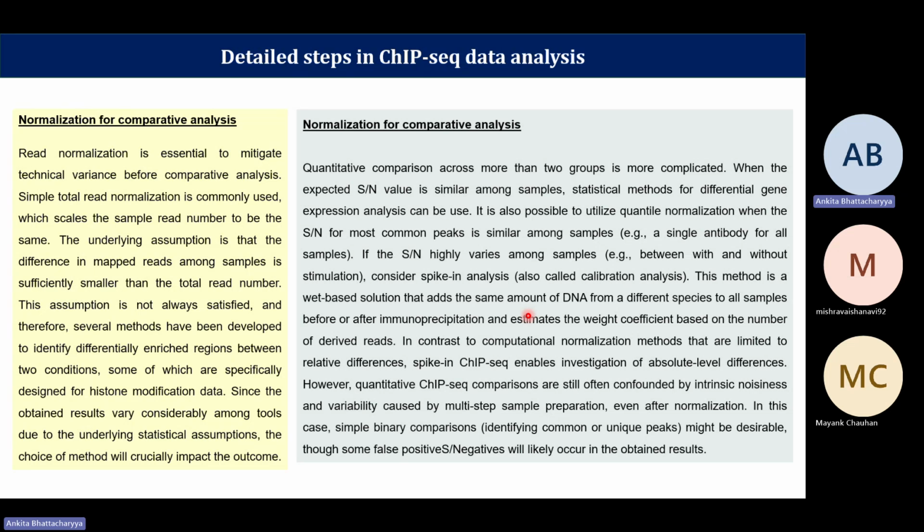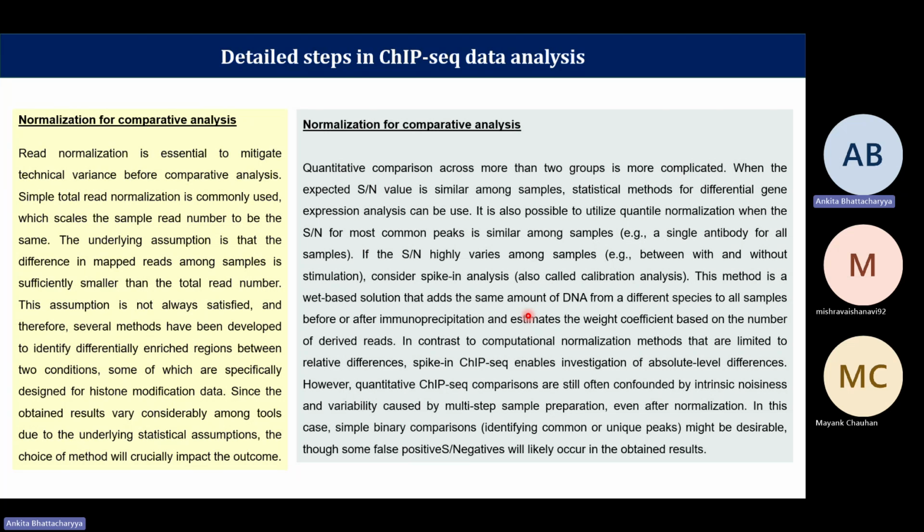Basically, if you have multiple treatment and control conditions and you use the same antibody and the same experimental conditions among all of them, usually their sequencing data would be comparable between different ChIP-seq samples. If it varies a lot, then you have to do some calibration analysis. So these are all optimizations that need to be done whenever you are proceeding with the analysis yourself.